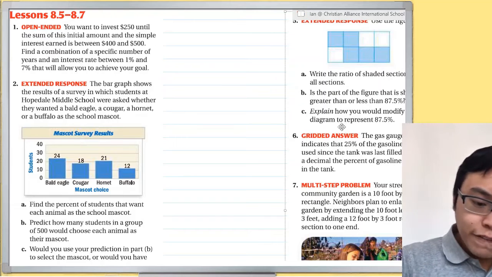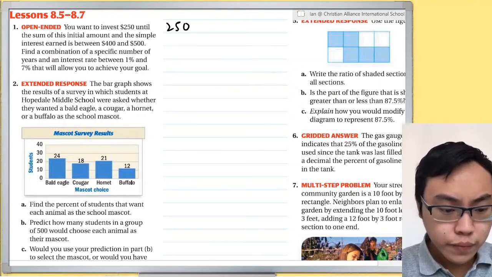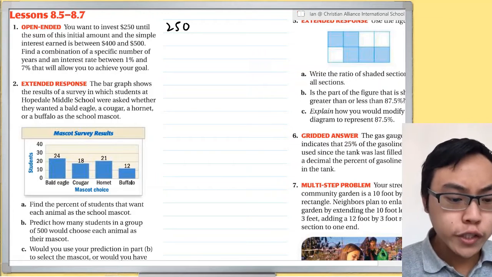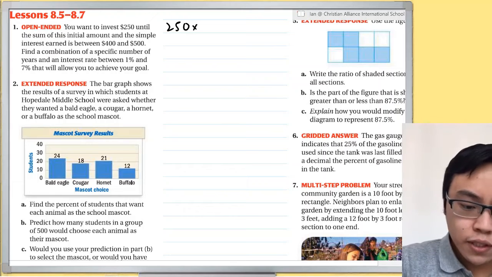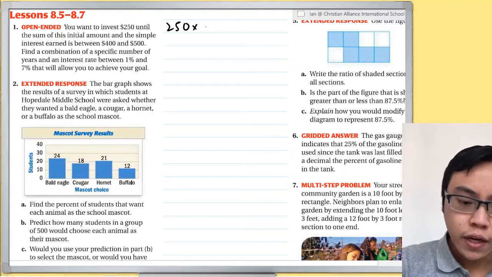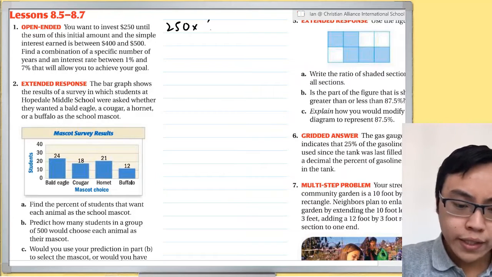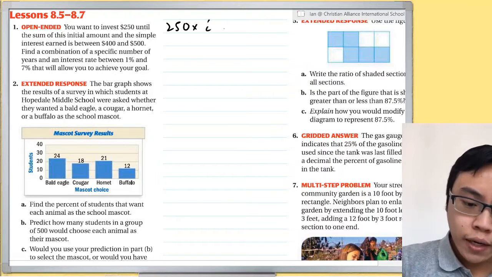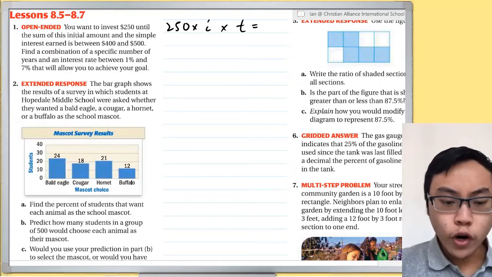So first of all, you have $250, and then the interest earned is between 400 and 500. So 250 times some interest rate. I used I in my lesson before, so I'm going to use I again here. That's the interest rate times some sort of years that will earn me between 400 and 500.